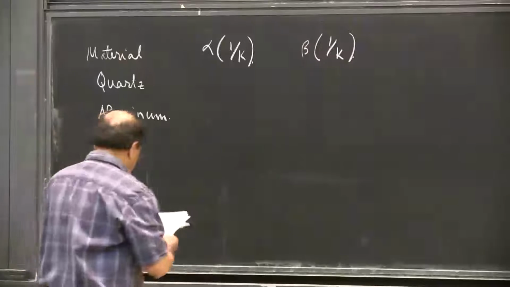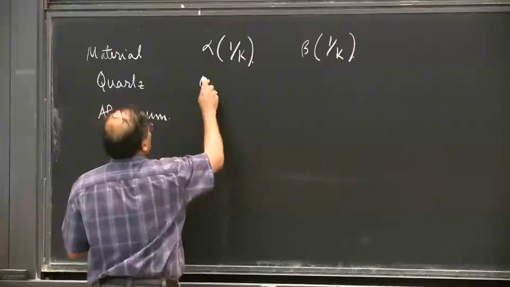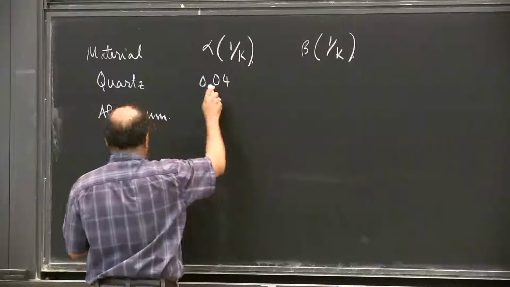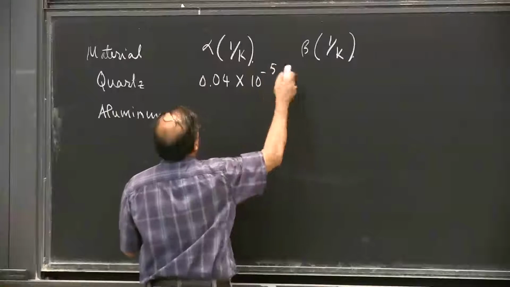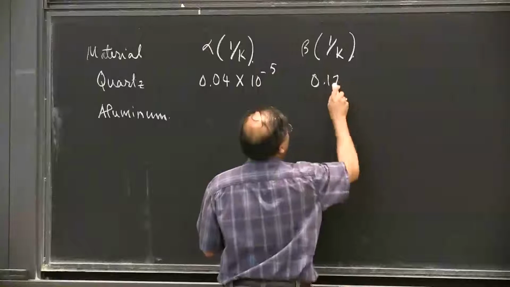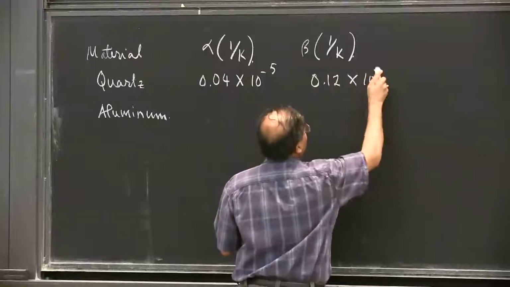For quartz, it turns out that the number is relatively small, 0.04 times 10 to the minus 5. And because beta is 3 times as much, it's 0.12 times 10 to the minus 5.